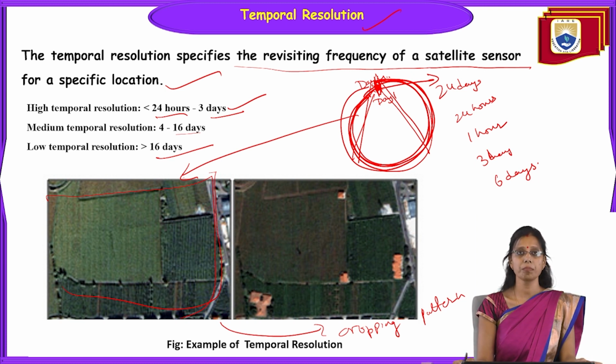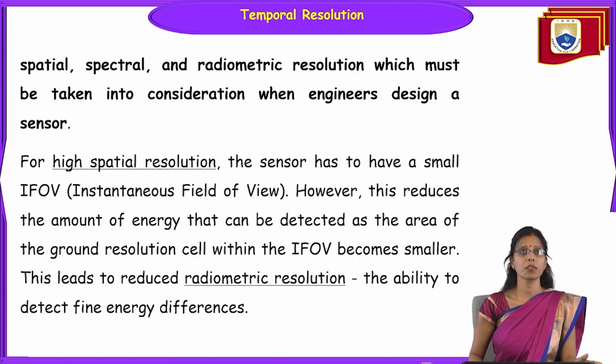First one is spatial, second is spectral, third is radiometric, fourth is temporal. These four resolutions are very important for a satellite sensor when it is capturing the information. These all must be there. If the resolution is higher, then only we are able to use the data for any type of projects, right?